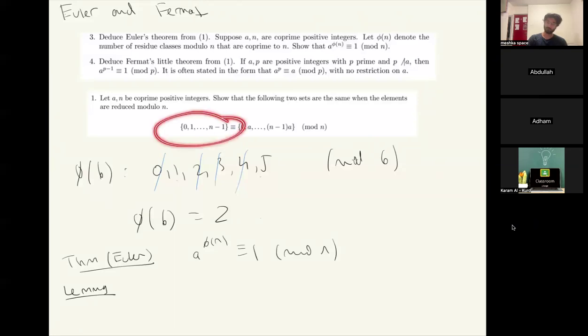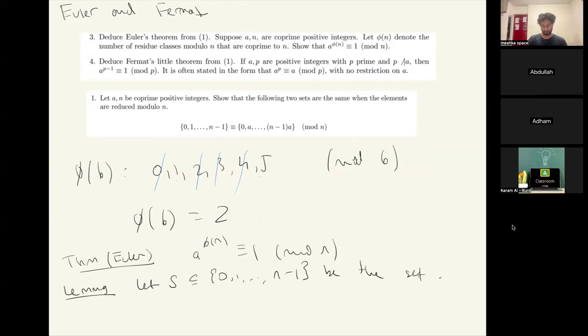The problem here is we have too many residue classes. We just want to take the ones that are relatively prime. So let S, which we can consider as a subset of 0 through n minus 1, be the set of residue classes that are coprime to n. 0 is not coprime, so when you say that, it throws out 0, because 0 has a common factor.